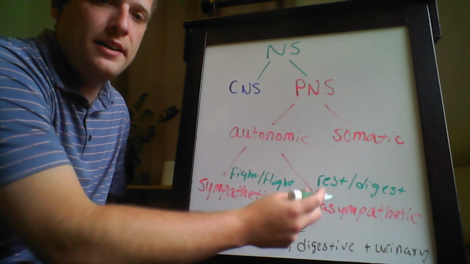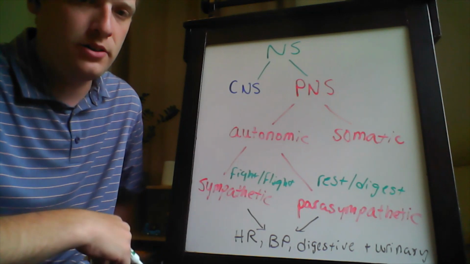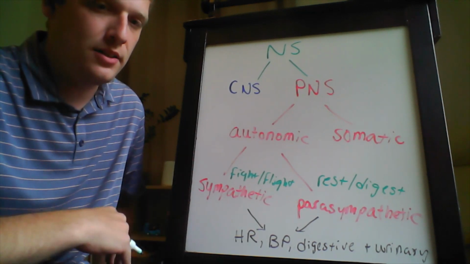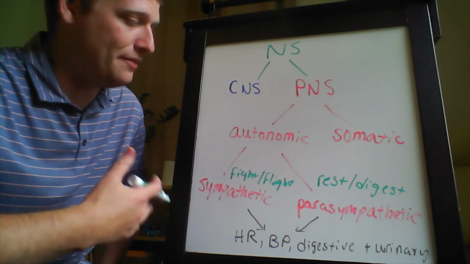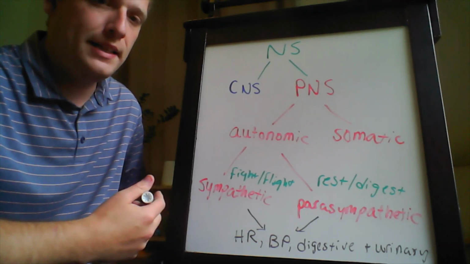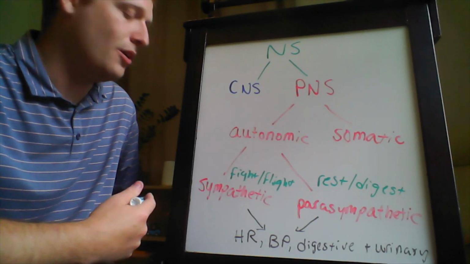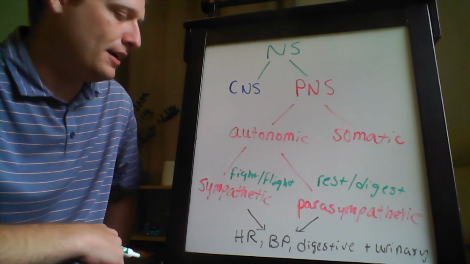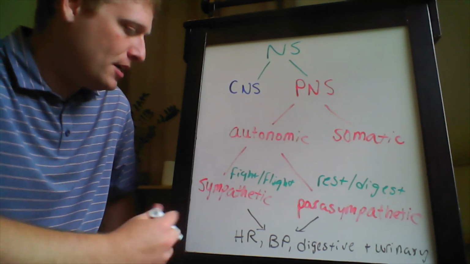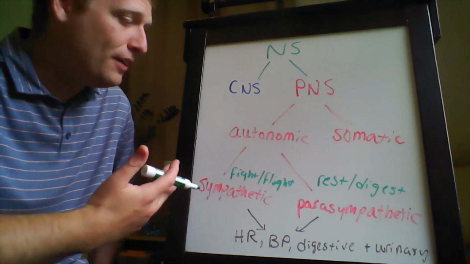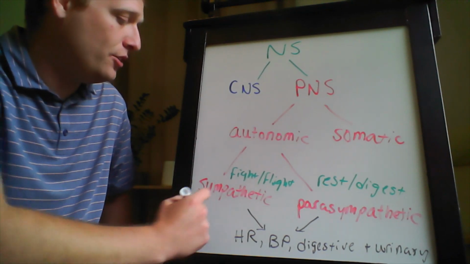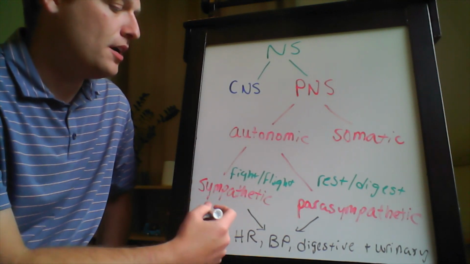So the activity of these two branches of the autonomic nervous system really depends on the circumstances that you're in at a given time. In the case that you are in a fight, or maybe you're taking an exam, your fight or flight reflexes might start to kick in, and that includes sympathetic control.